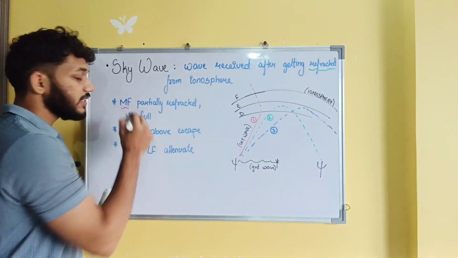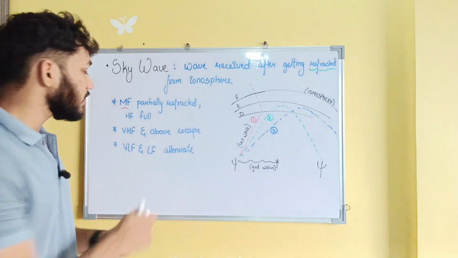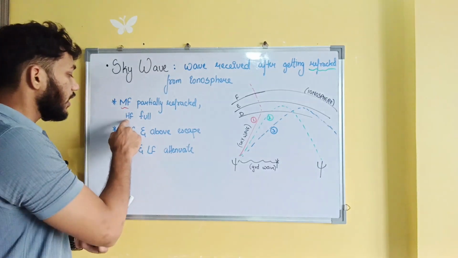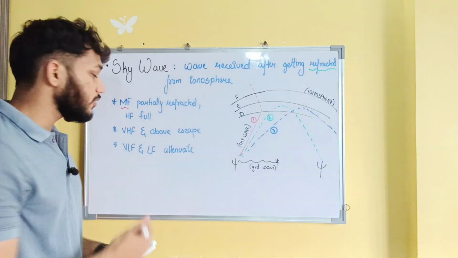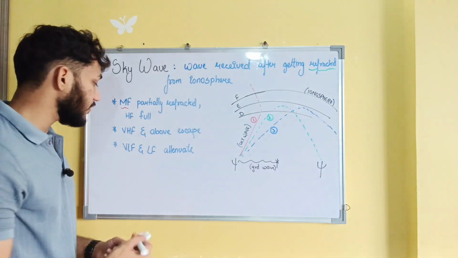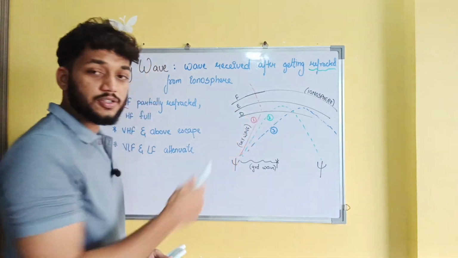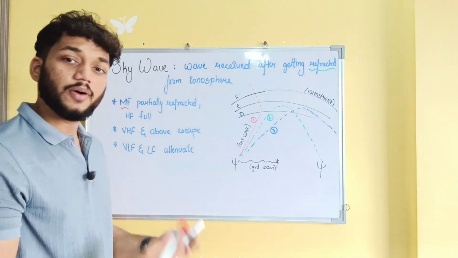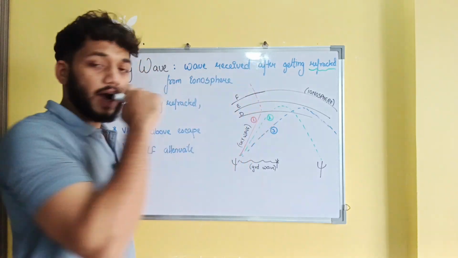Now let us see which frequency bands can be used as sky wave. Medium frequency radio waves are partially reflected, so we can use some of the frequency bands from medium frequency. High frequency, all the radio waves will get refracted, so we can use high frequencies as sky wave. VHF and above do not get refracted, so you can assume the red line as VHF and above frequency radio waves. They do not get refracted and they escape the ionosphere.